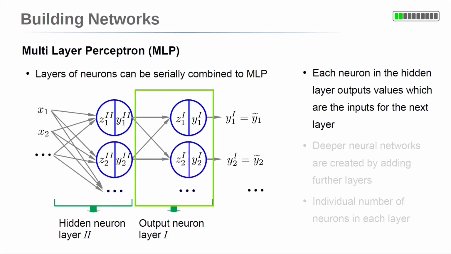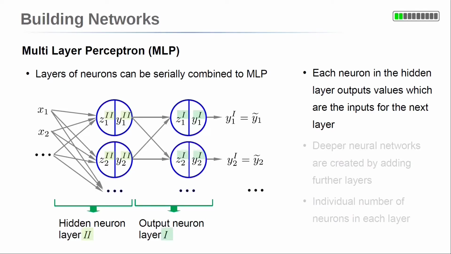The layers of the neural network are denoted by Roman numerals. All parameters, summations and outputs of a specific layer are superscripted by this layer number. The closer the layer is to the input variables, the higher the corresponding layer number is. So, for example, the hidden layer is layer number 2.